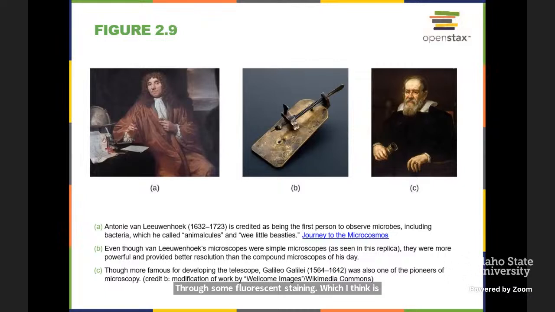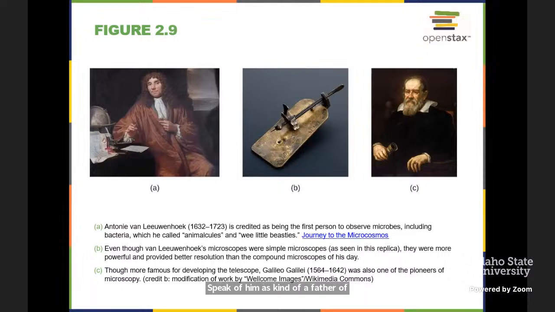So with that, we got to think a little bit about microscopy in the first place. I think this stuff is fascinating. So Leeuwenhoek, we really kind of think of him as the father of microscopy.